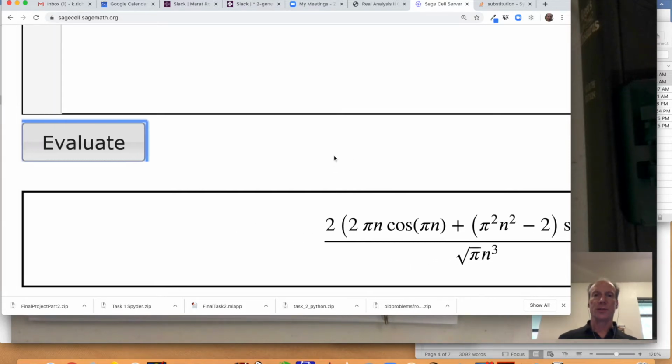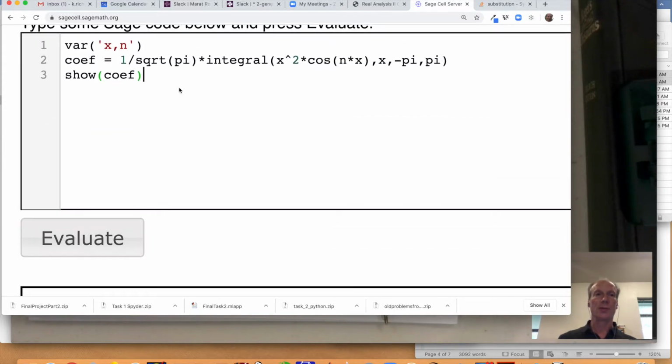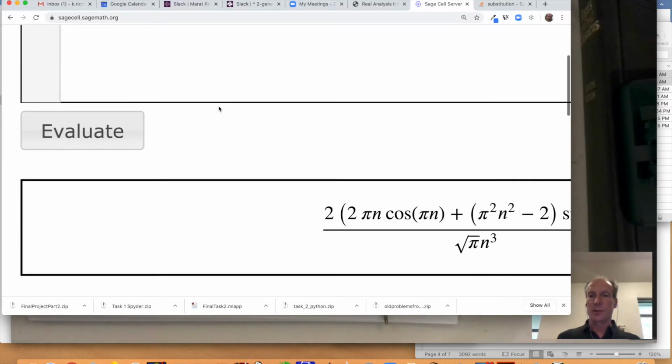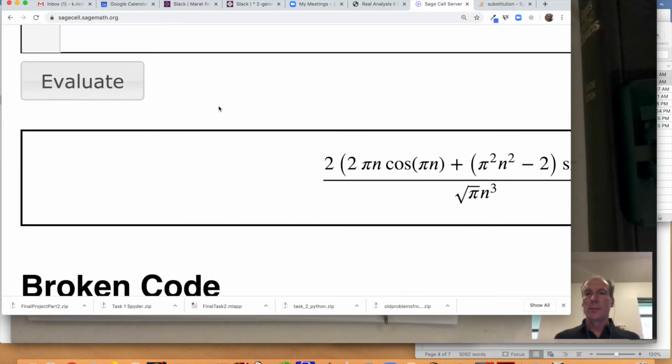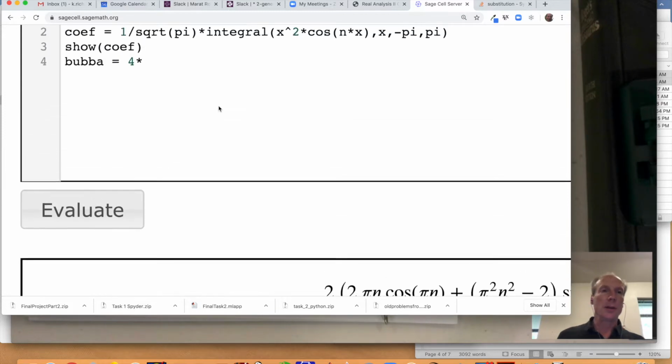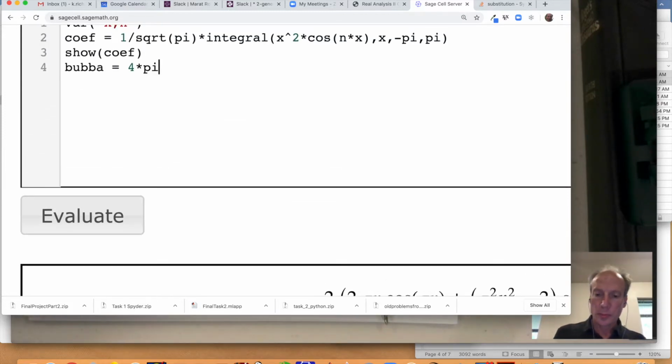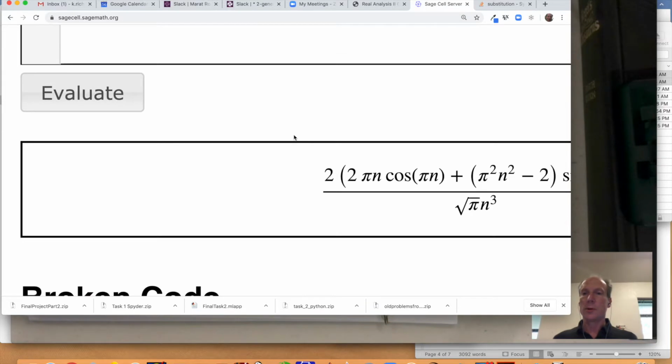4... Let's see. So let me rewrite that. So that's 4 times, let's call it Bubba, equals 4 times, let's see, pi n times negative 1 to the n, because that's what cosine n pi is.